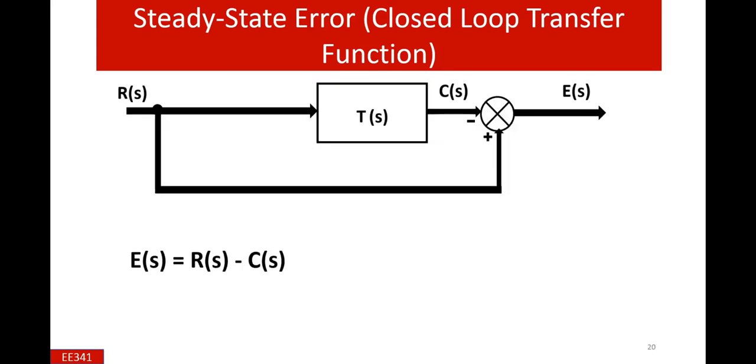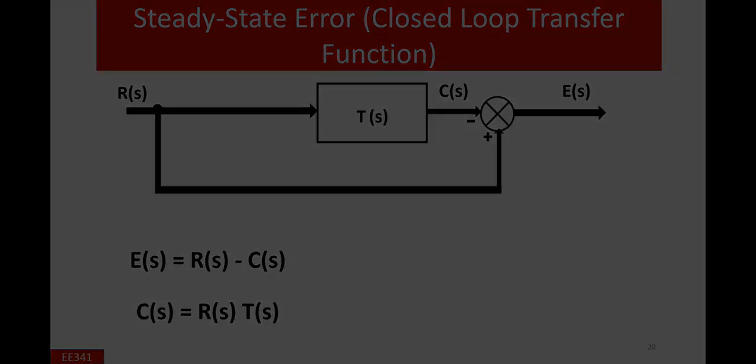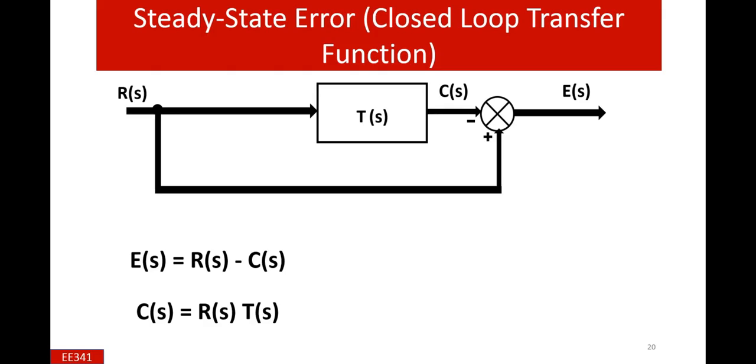What is C(s) in this block diagram? By the definition of the transfer function, C over R is equal to T, so C(s) is R times the closed loop transfer function.